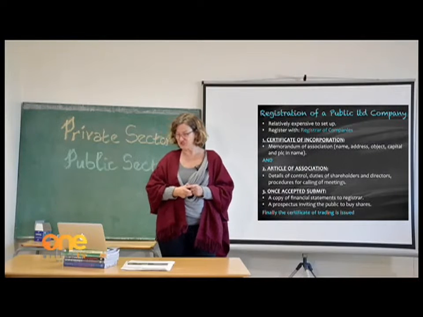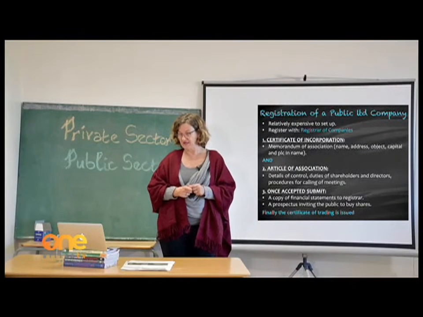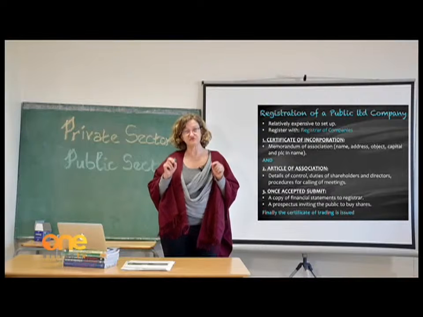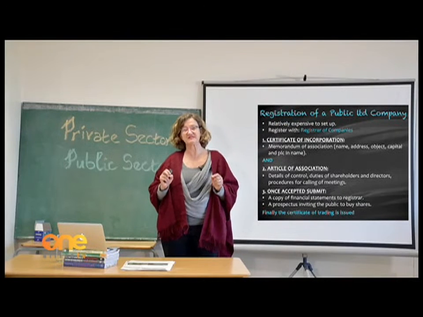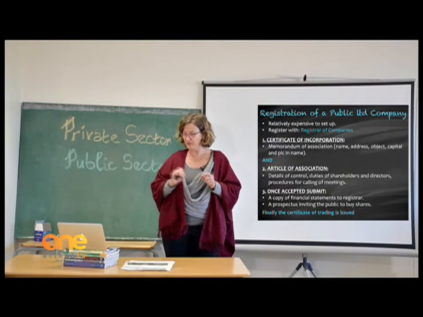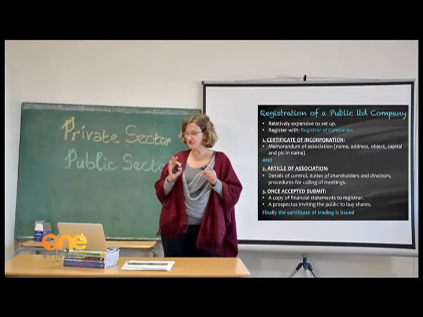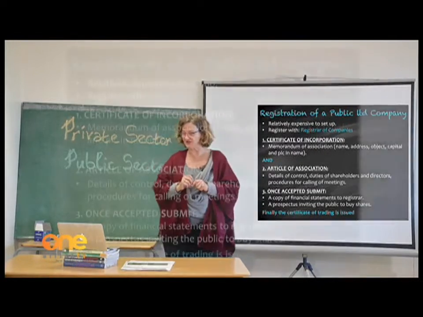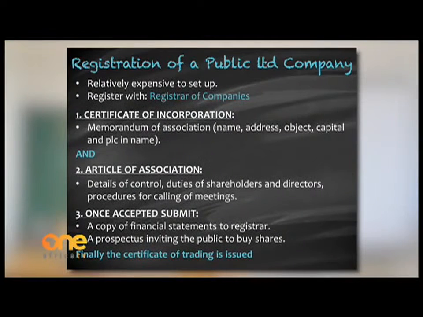Okay, the registration process for a public company is very time-consuming and very expensive, so we will look at that. You must register at the Register of Companies. You must complete a certificate of incorporation. This certificate has your name, your address, and the objectives of this company.